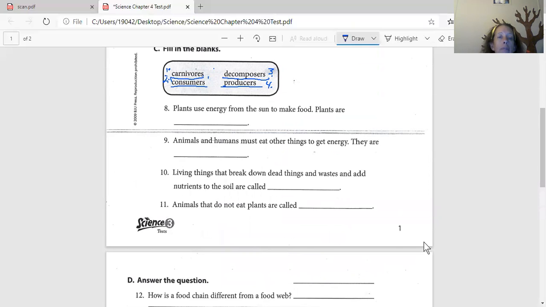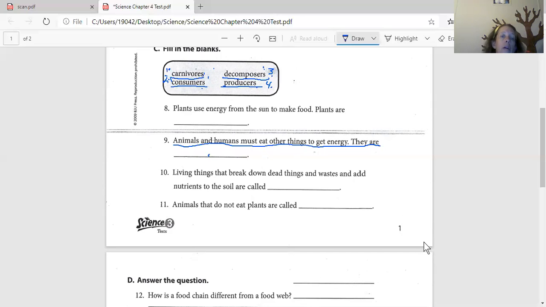Number 9, animals and humans must eat other things to get energy. They are carnivores, consumers, decomposers, or producers. Put your number answer right in there. I am finished with number 9, yes or no?